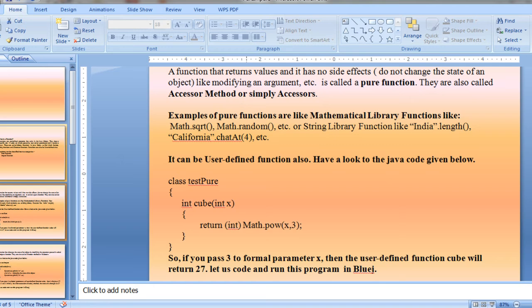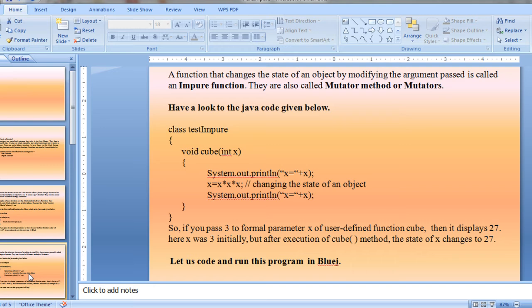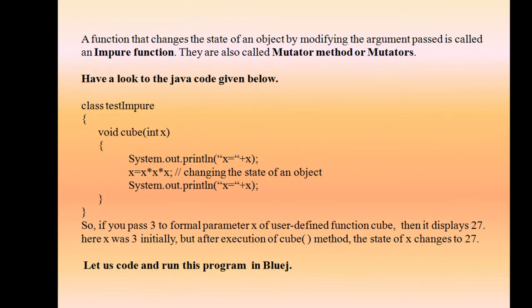Now let us move to the next topic, that is impure function. A function that changes the state of an object by modifying the argument passed is called an impure function.